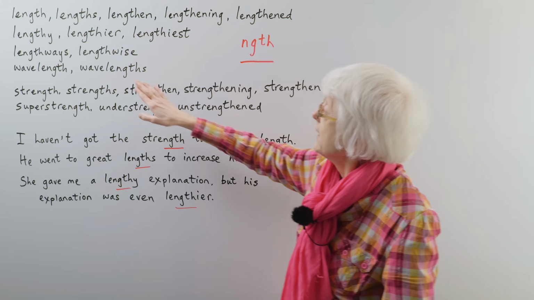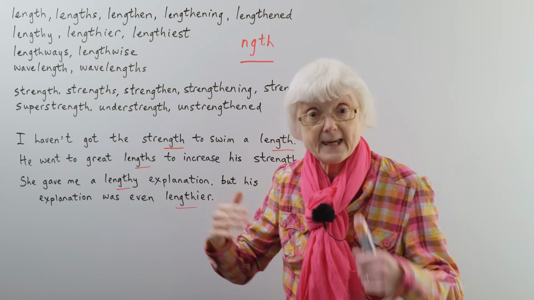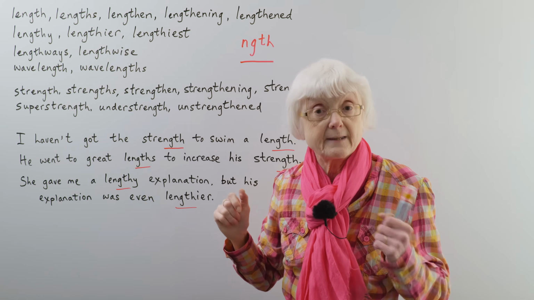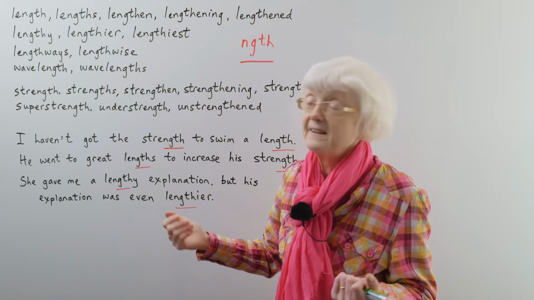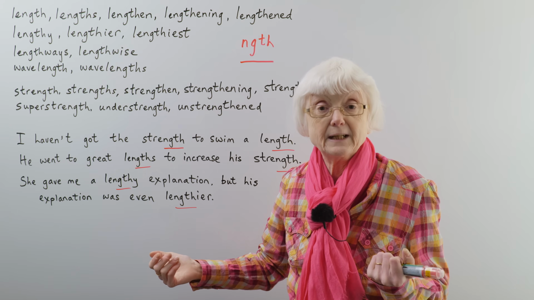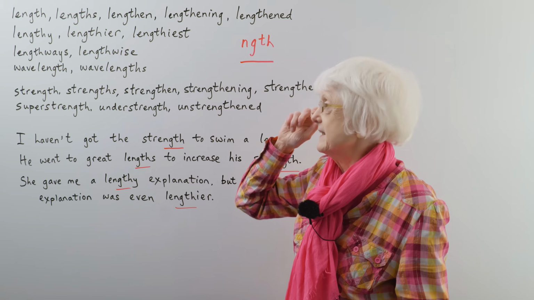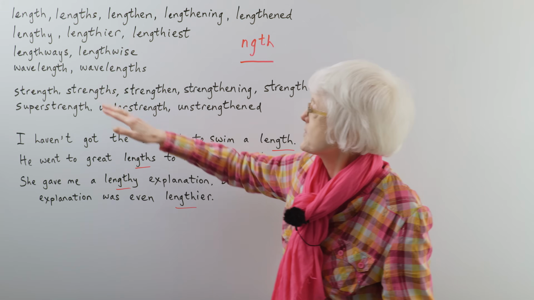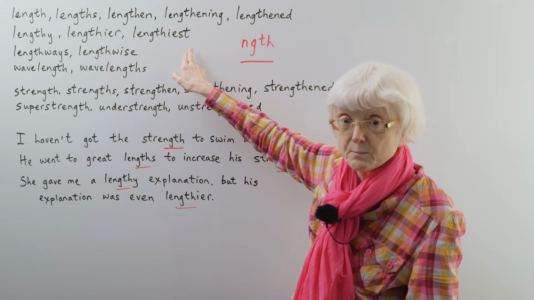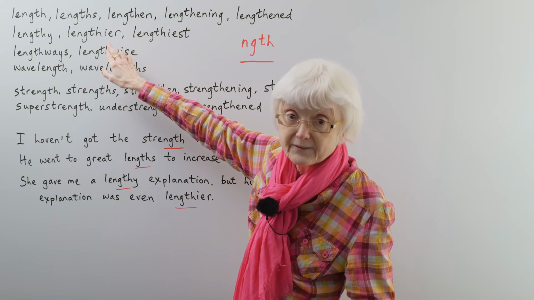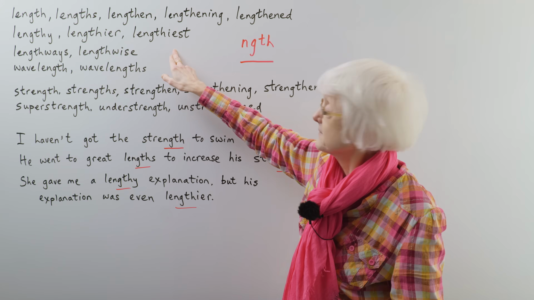Okay. Then we have the adjective, lengthy. So you might say that was a lengthy explanation or a lengthy lecture or lesson. That was lengthy, longer than usual, perhaps, lengthy. And then we have the comparative and the superlative, lengthier and lengthiest, right?